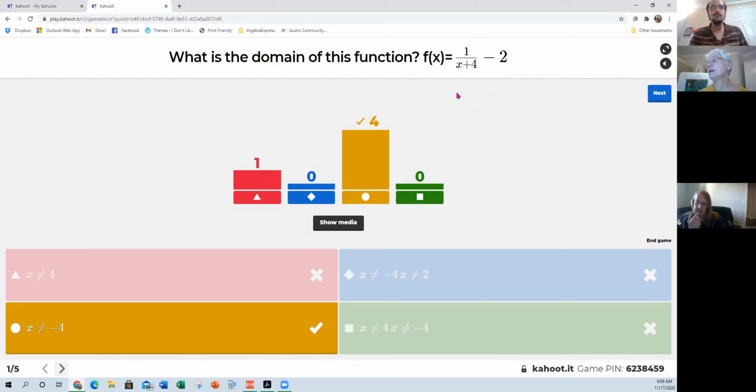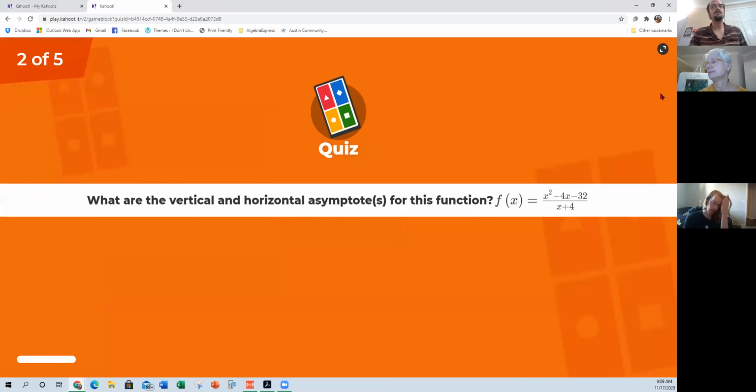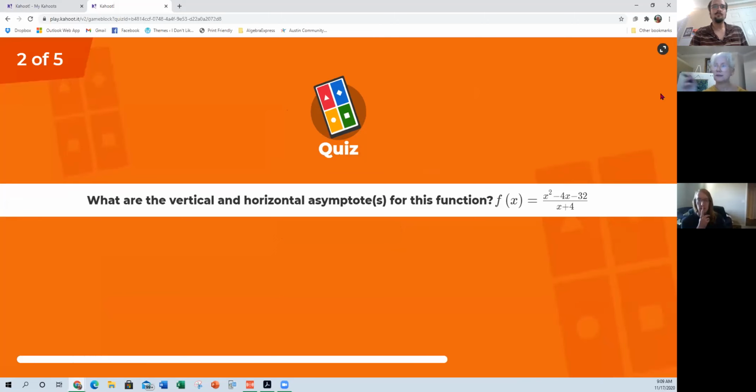So the domain of this function is every single number in the world except for -4. Vertical and horizontal asymptotes.